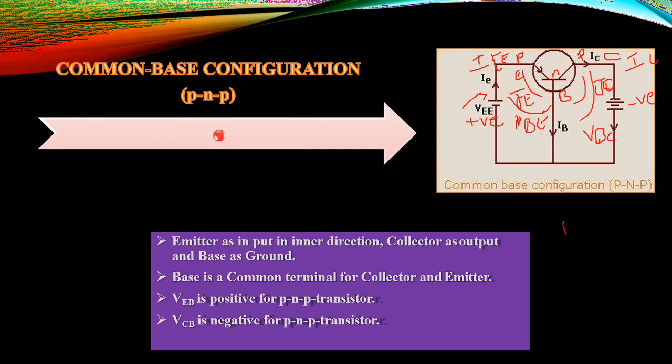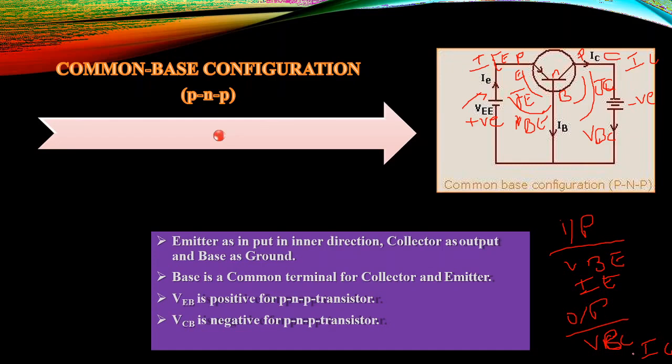So what parameters does the input session have? The input voltage is VBE and the input current is IE. And for the output session, the voltage is VBC, and the current is IC.